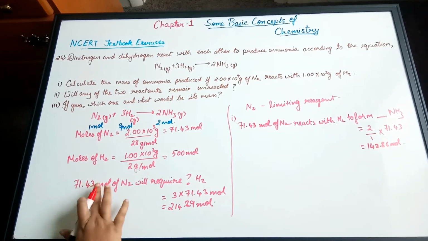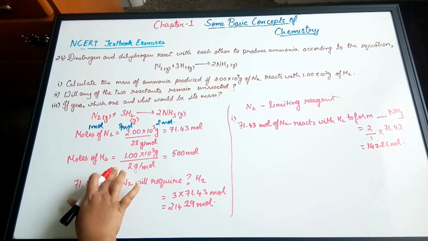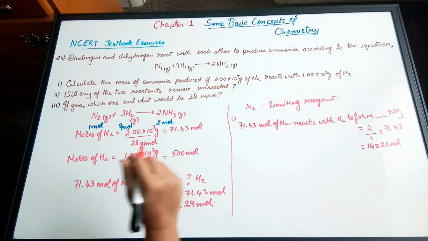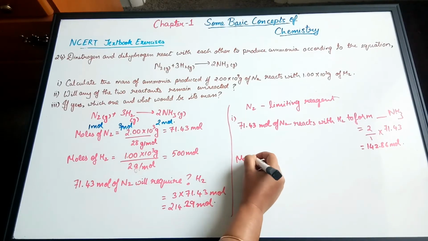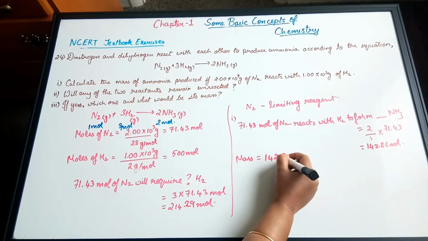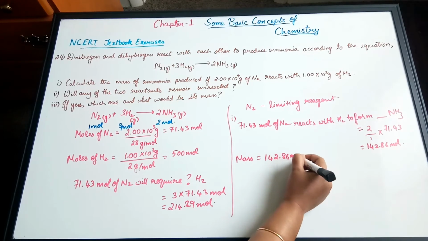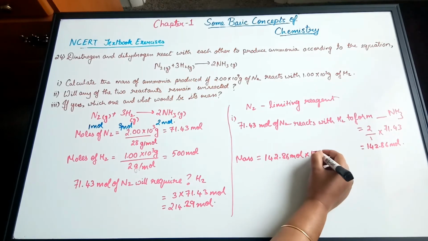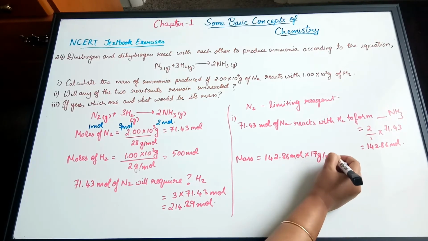So we have calculated the number of moles. Now based on the formula, number of moles equals mass divided by molar mass. If we want to calculate the mass, we just have to multiply the number of moles, that is 142.86 moles, into the molar mass. Molar mass of ammonia is 17 grams per mole.